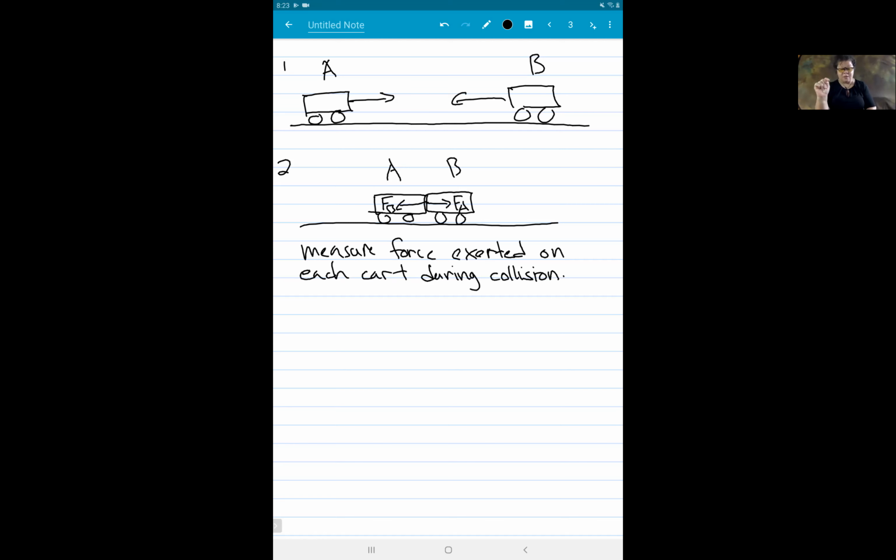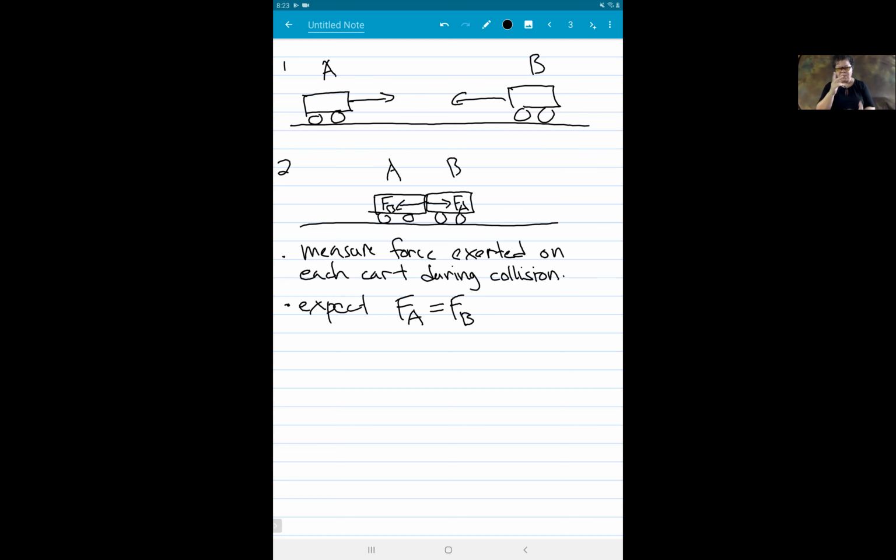We would expect that to be the same for the A and the B cart, right? We expect FA to equal FB, okay, during the collision because of Newton's third law. All right, and that's actually what we will see.